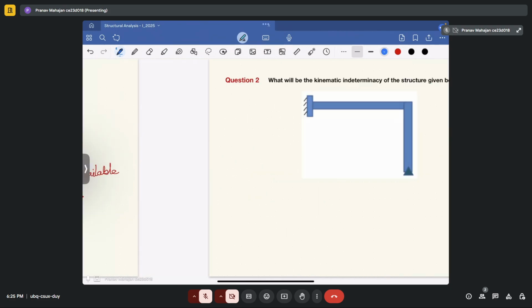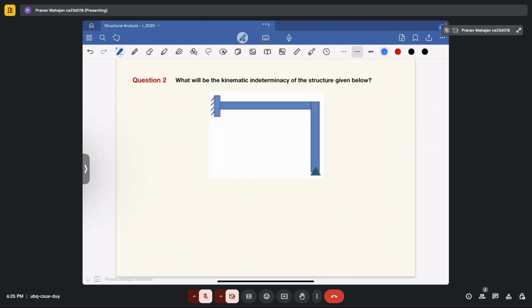Okay. Now talking about how you will determine the degree of kinematic indeterminacy. If you recall, kinematic indeterminacy is the number of degrees of freedom available in a structure. That means in how many ways a point in the structure can either displace from its original position or rotate.